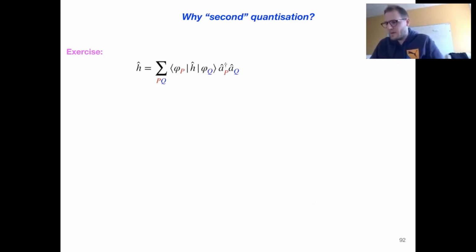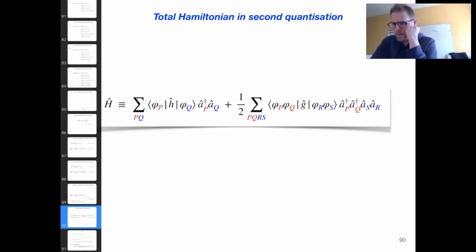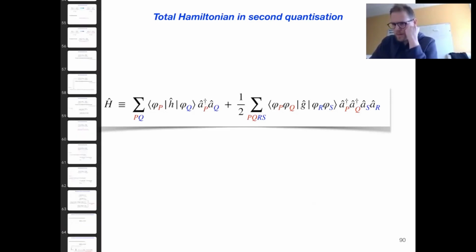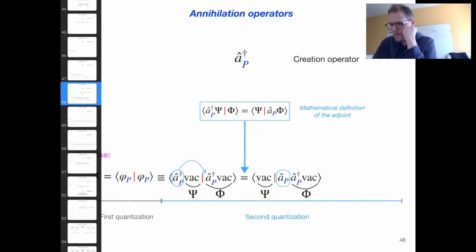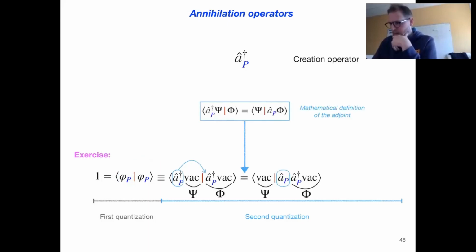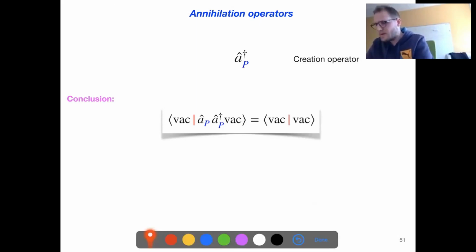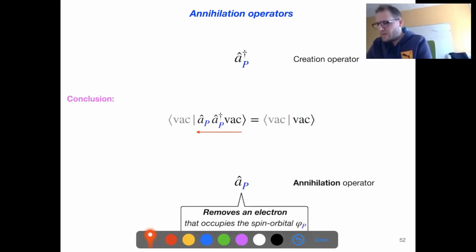So for example, if I take this simple example I was describing here, let's say you want to define the annihilation operator, and you do that in the basis, as I said, of the Slater determinants.